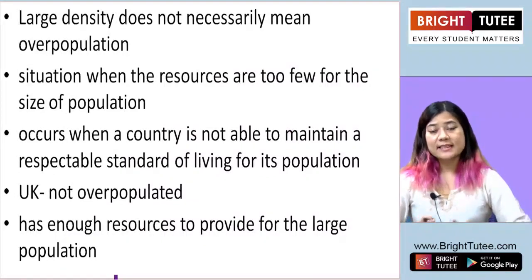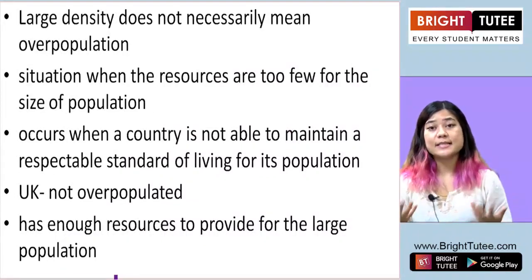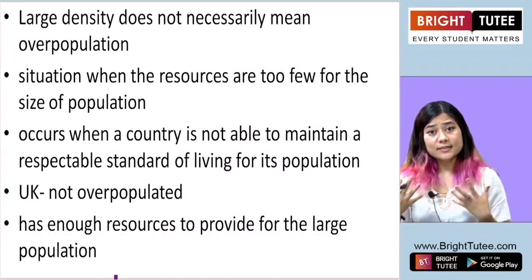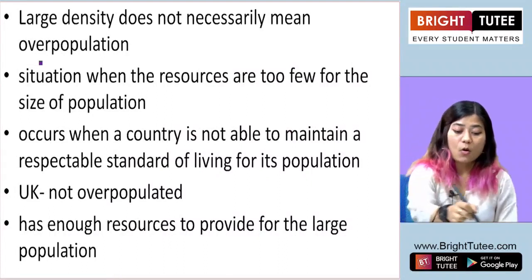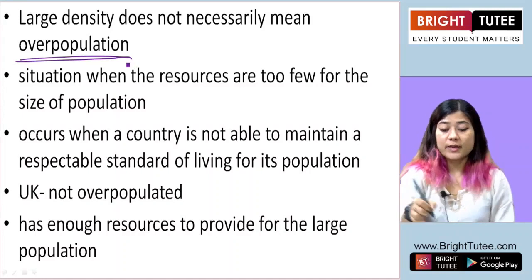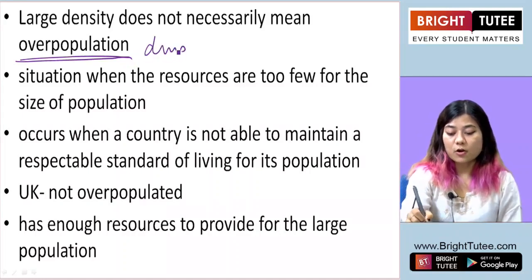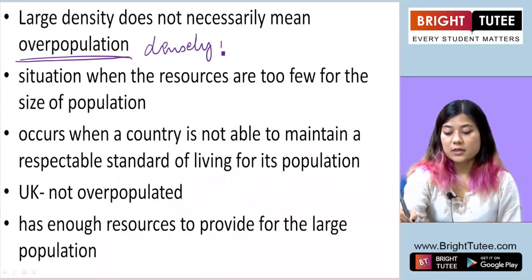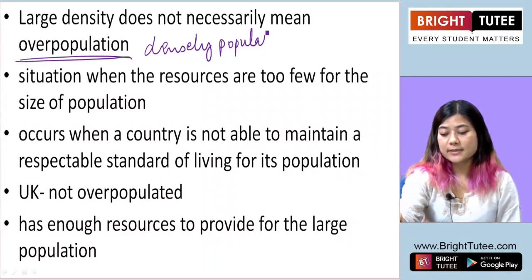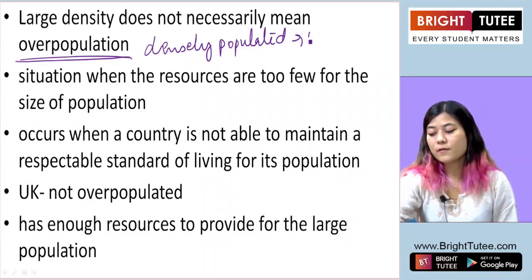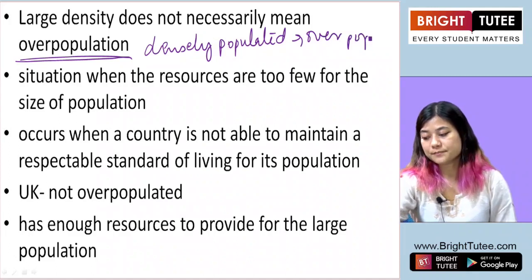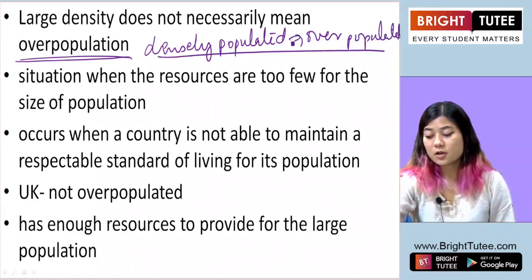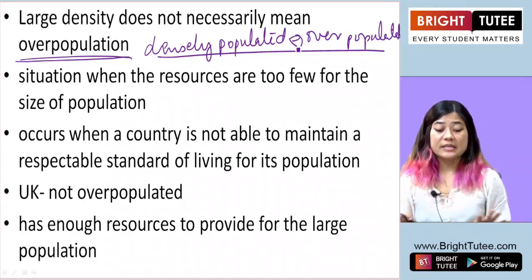Now, when we say that some areas are densely populated, that does not mean that they are overpopulated. We must not confuse densely populated with overpopulated. They do not mean the same thing.